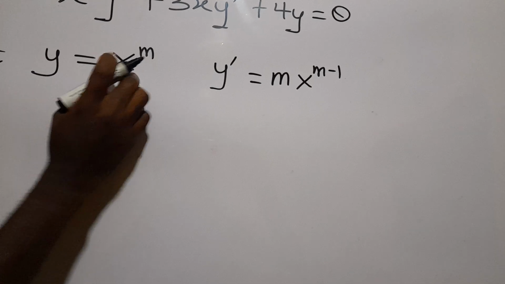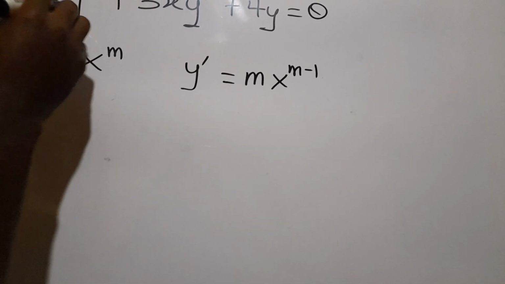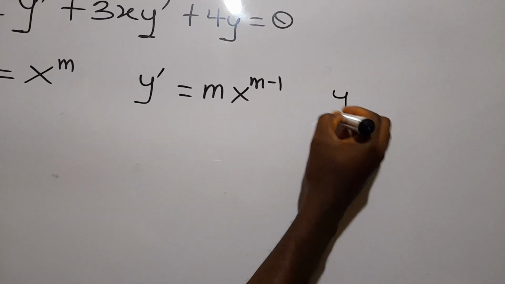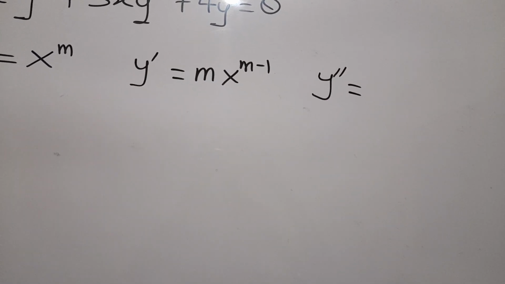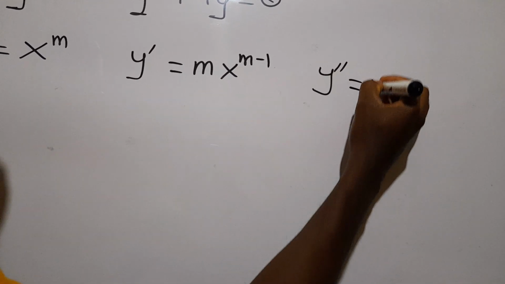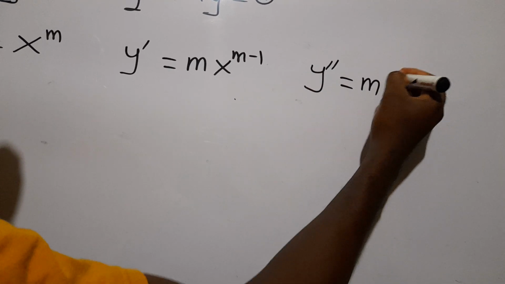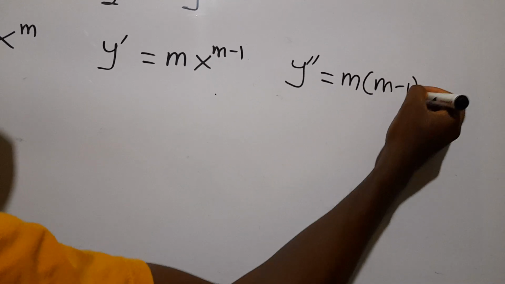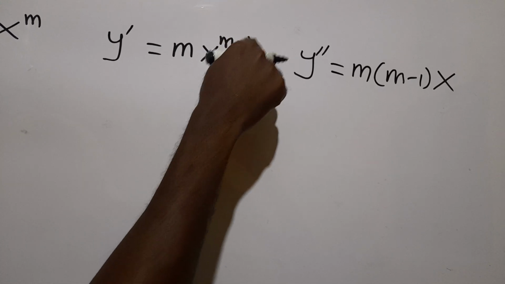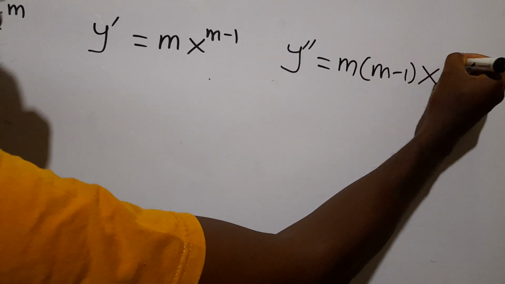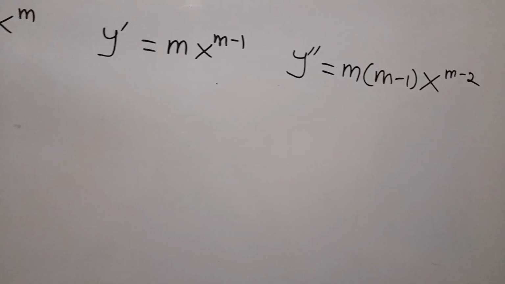So the derivative of this function will be this. Now we'll find the second derivative, y prime prime, which is the derivative of the first derivative. So again, we drop the exponent, m minus 1, repeat it and subtract 1 from the exponent, so m minus 1 becomes m minus 2.